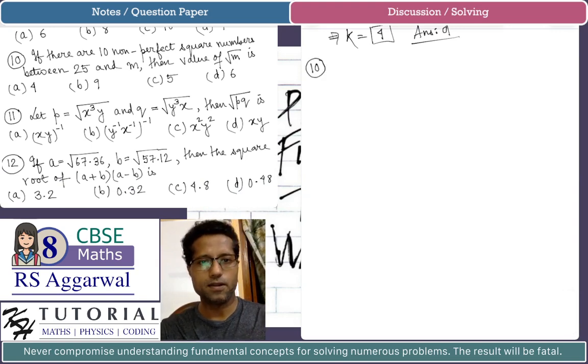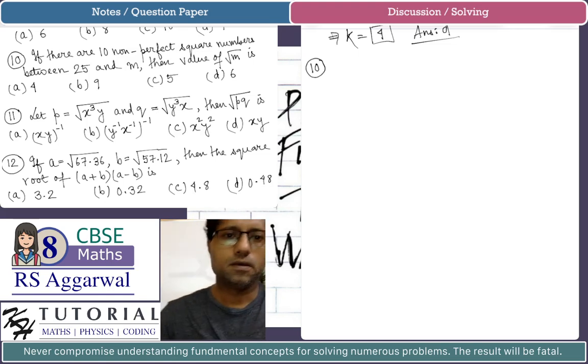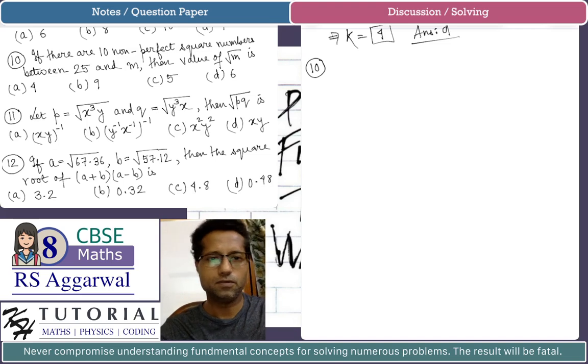If there are n non-perfect square numbers between 25 and m, then the value of square root of m is, if there are 10 non-perfect square numbers between 25 and m.